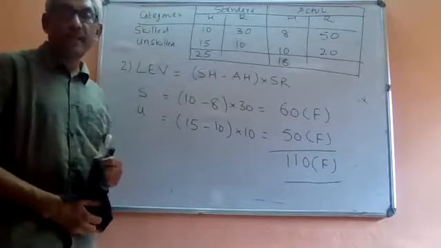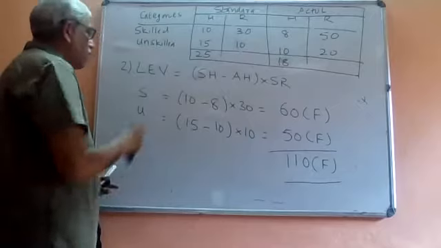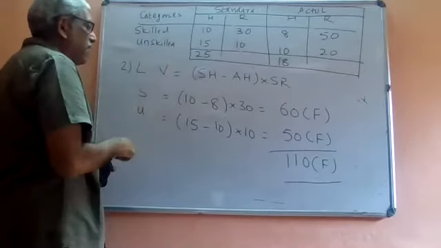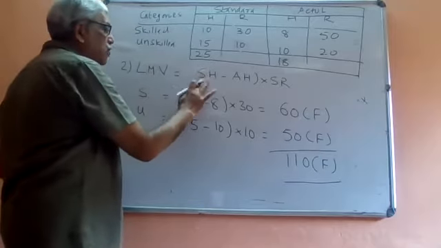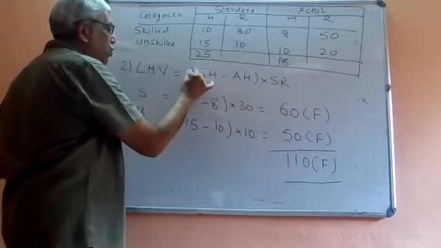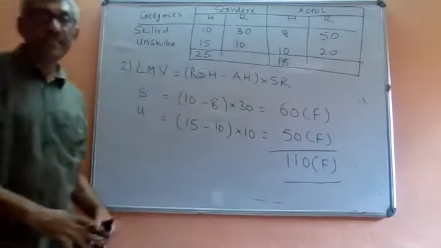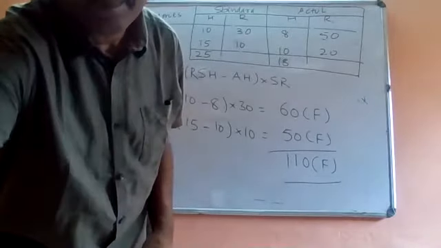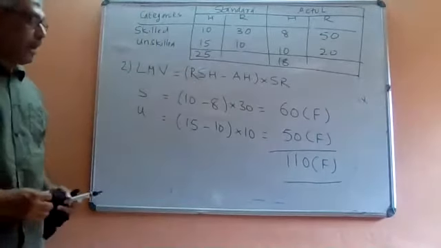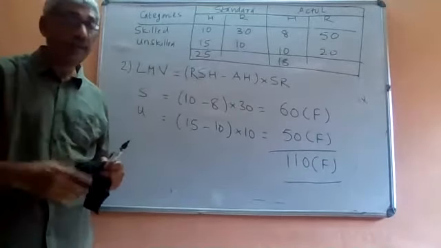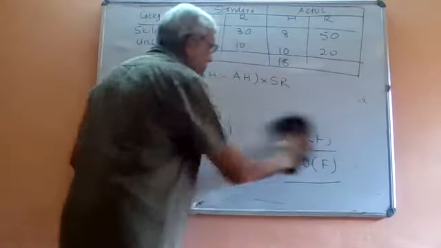And the last is labor mix variance. The only difference is that instead of standard hour, I am going to use revised standard hour. And what is revised standard hour?